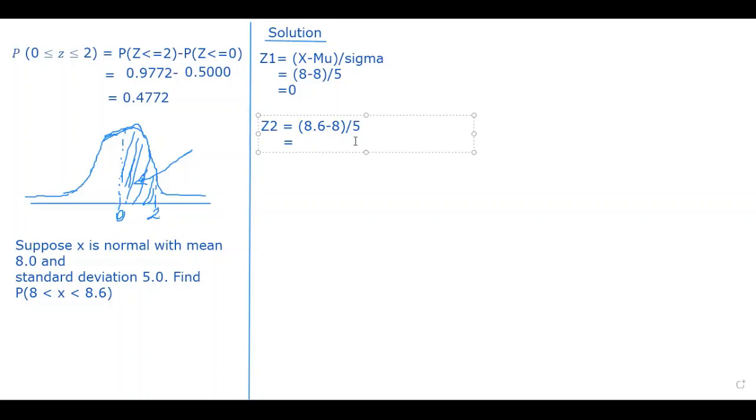Oh, so no one is giving me the answer. 0.12. The first one.